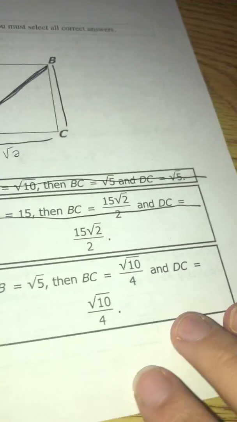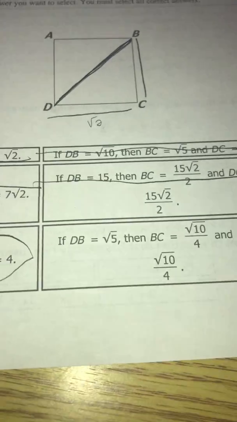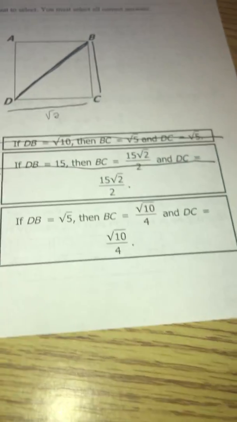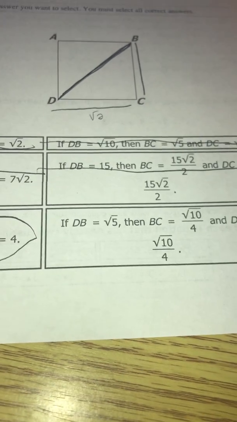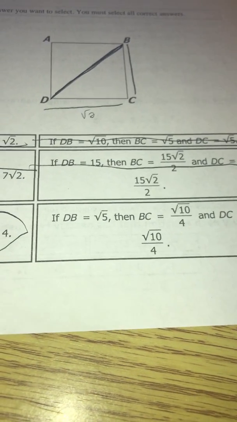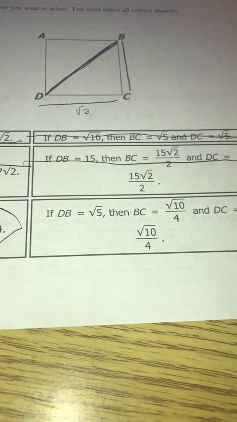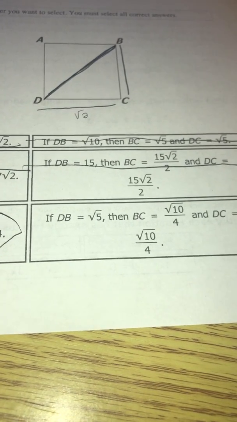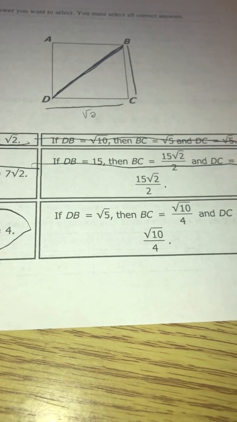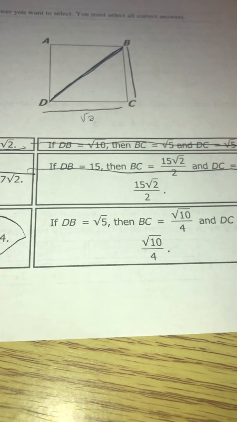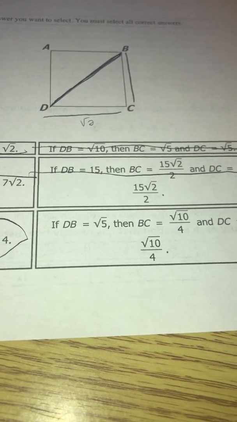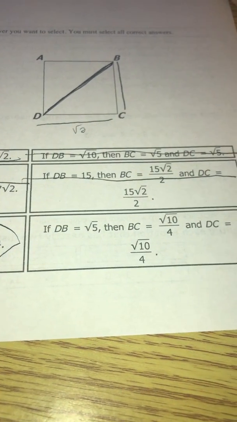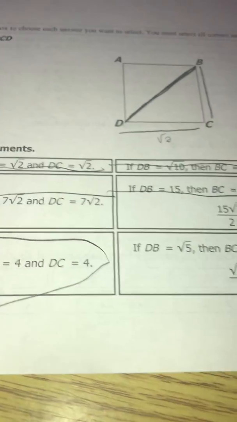This one says if DB equals 5 square root of 5, then BC and DC equals 10 square root of 4. So if we take square root of 10 over 4 times 2, we would get 10 square root of 10 divided by 2.